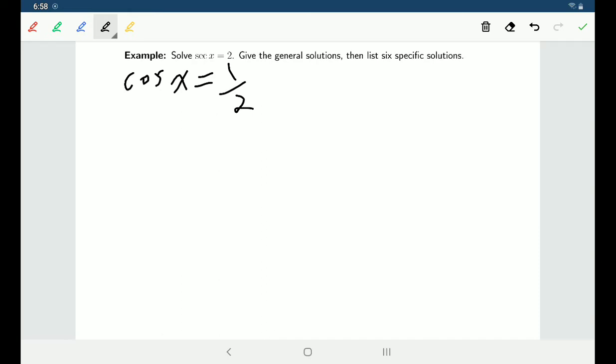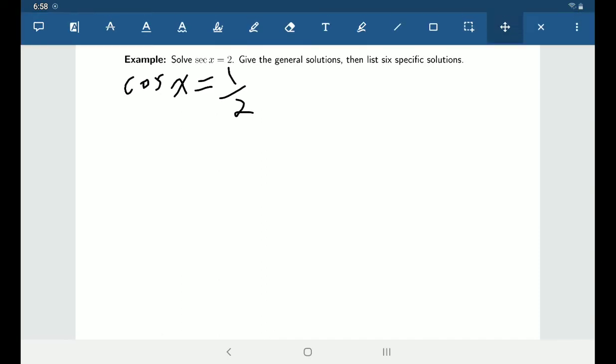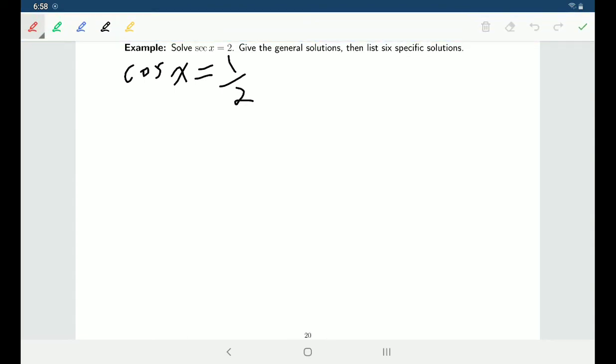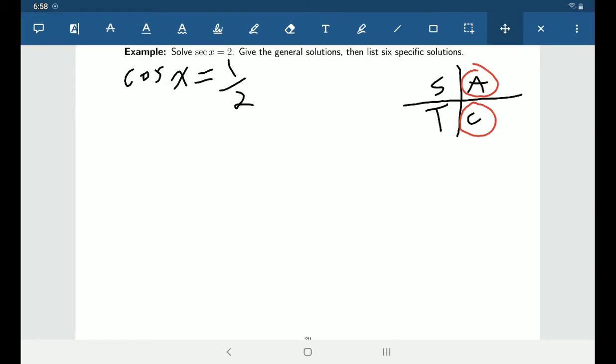And that's, of course, because cosine is the reciprocal of secant. I also know that I'm looking for something where cosine is positive, so when I go finding my solutions between 0 and 2 pi, I'll be finding solutions that are in quadrant 1 where cosine is positive, and there'll also be a solution in quadrant 4 where cosine is positive.